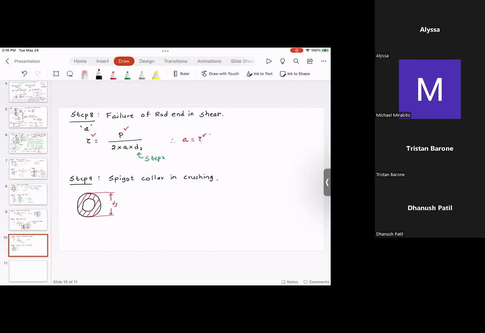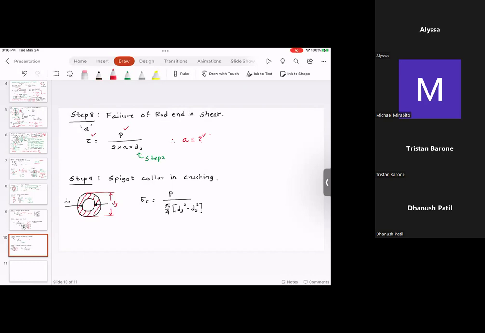This is D2. And this is sigma C equals P divided by pi by 4 times (D3 square minus D2 square).